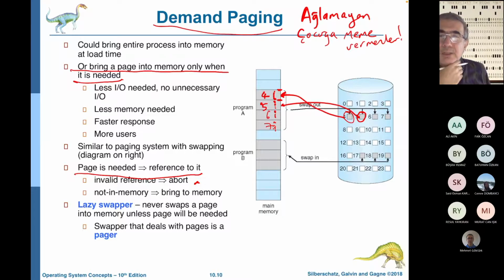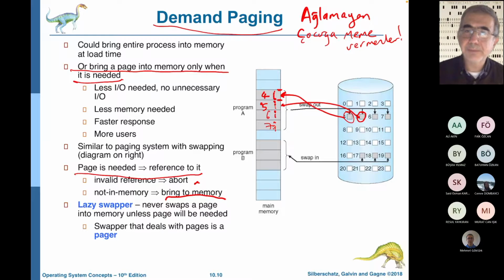If the page is not in memory, then an interrupt service routine starts, and that routine will bring that page from the hard drive to memory and restart the execution of the process by returning from the interrupt.